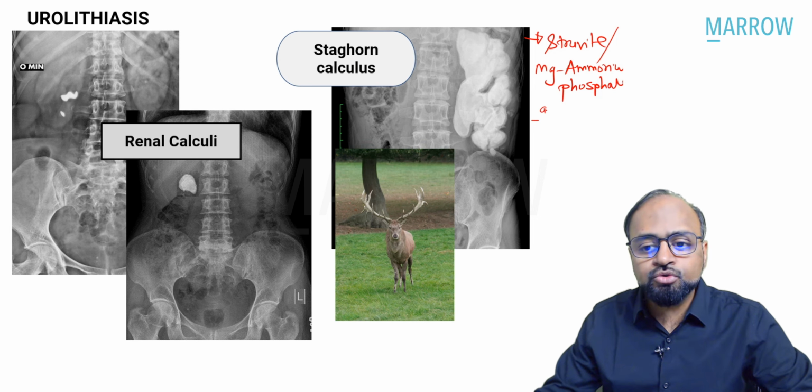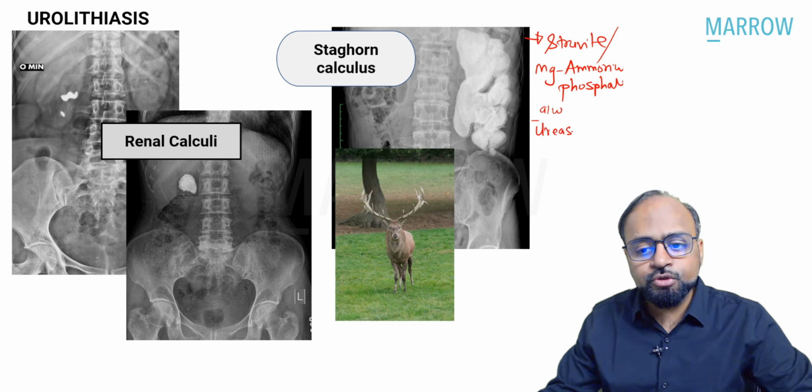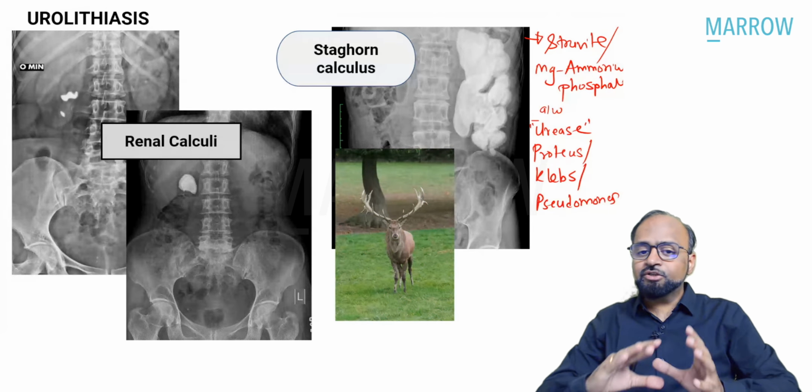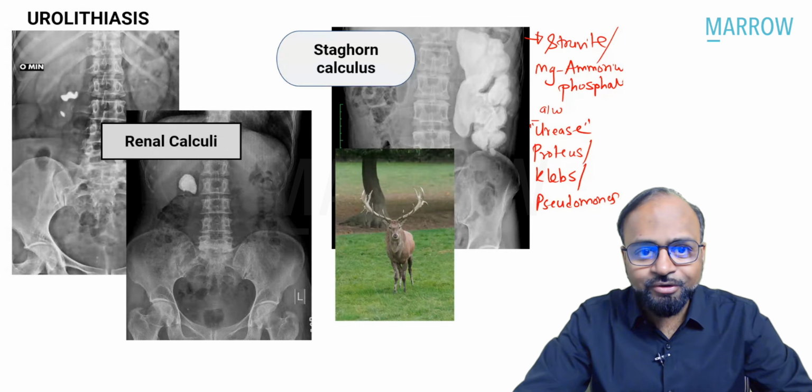They are usually associated with urease-producing microbes such as chronic Proteus infection or Klebsiella infection or Pseudomonas infection, right? So this is what you need to know as far as Staghorn calculi are concerned.